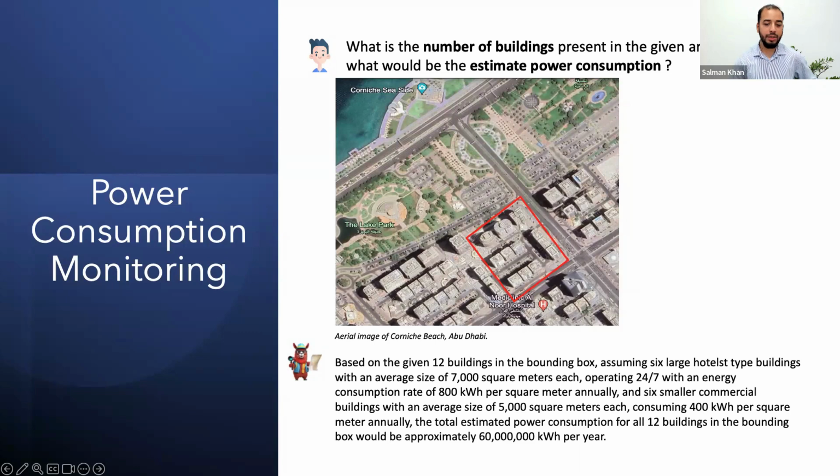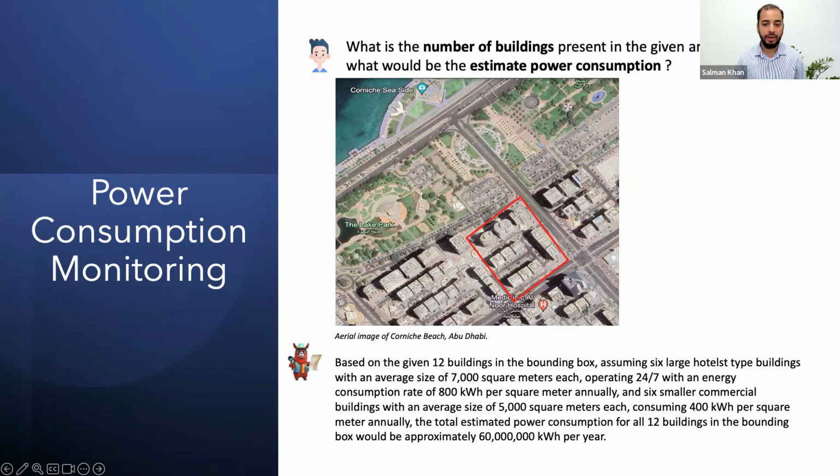As you can see, this query requires a relatively deeper understanding of the visual imagery and multiple tasks. First of all, getting an idea about which area this could be, and the LLM, using its generic information, can bring in some extra context from its knowledge base.